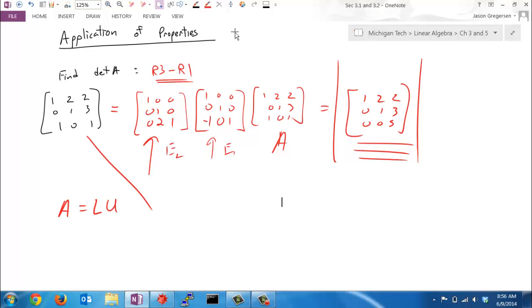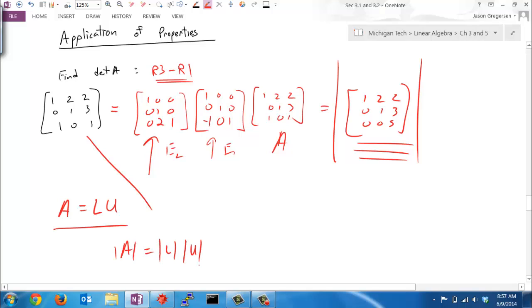And we really use this decomposition because that's how your computer or your calculator does determinants. It does an LU factorization, and then it will find the determinant of the product. So in other words, it will first decompose it into this, and then to find A, it will just do this. Okay?